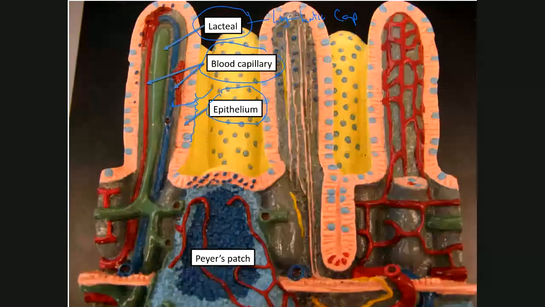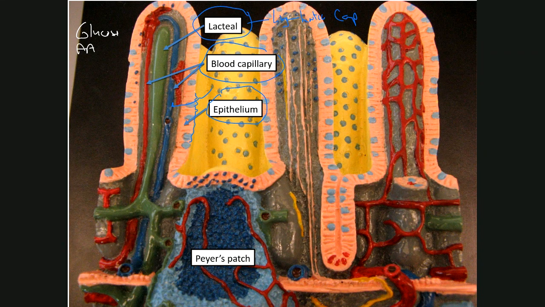If you talk about things like glucose, amino acids, things like that, even small peptides, vitamins, those things go into the blood capillaries. So they go into the blood capillaries, and then that blood's going to go, and again, it's going to go to the liver.